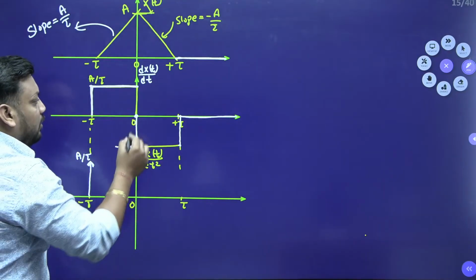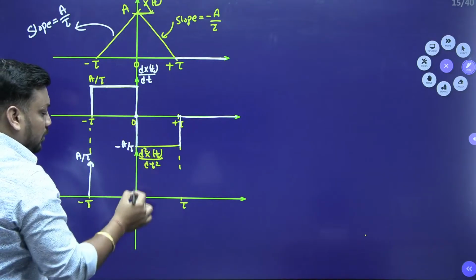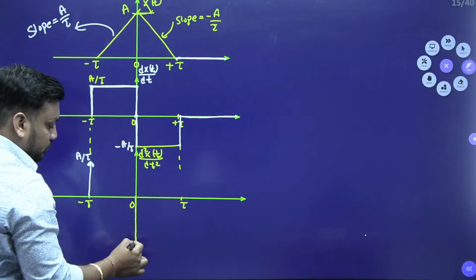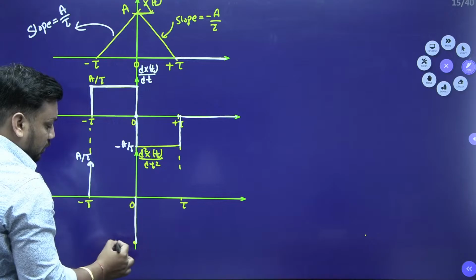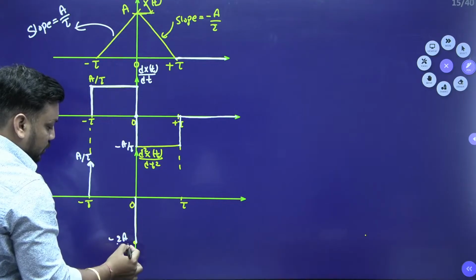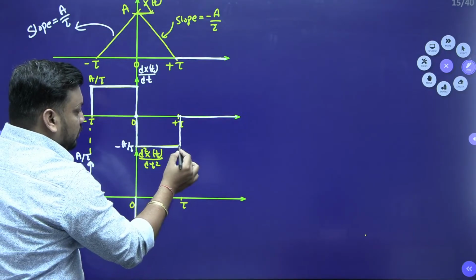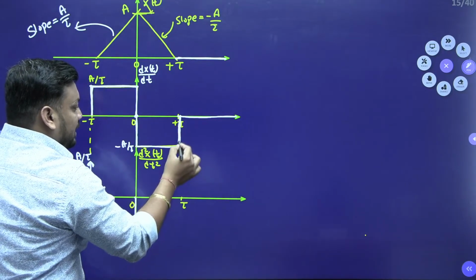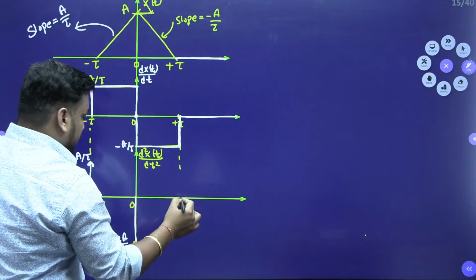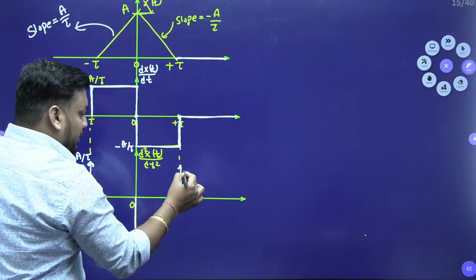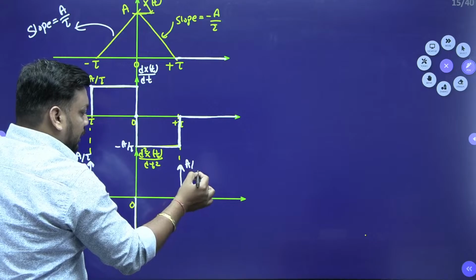Similarly, at t equal to 0, you will get an impulse of minus 2a by tau. Similarly, at the tau location, you have a rising edge of magnitude a by tau, so you will have an impulse of a by tau weight.